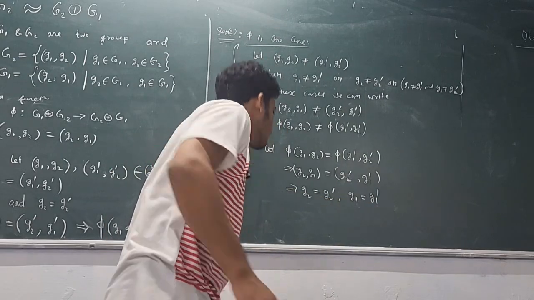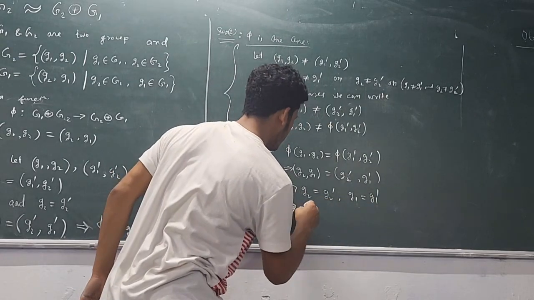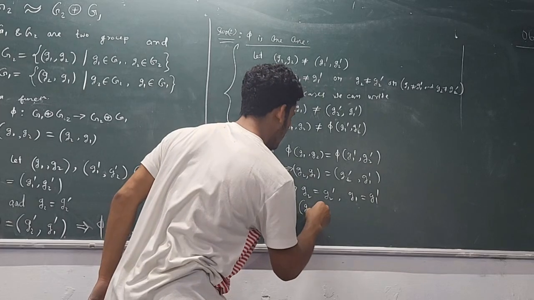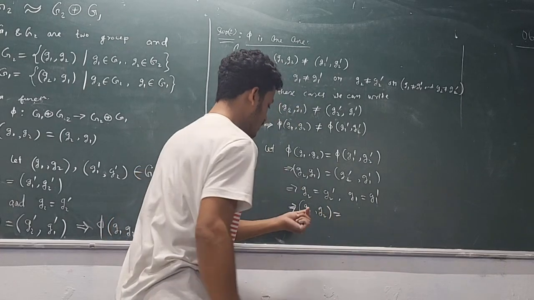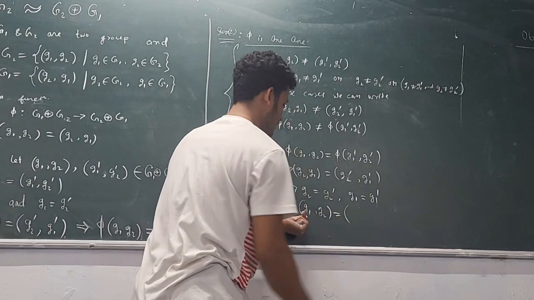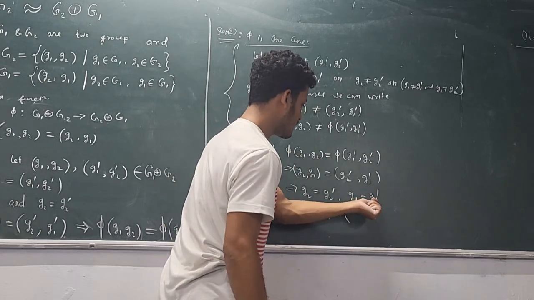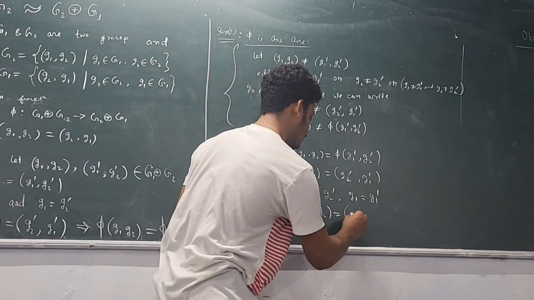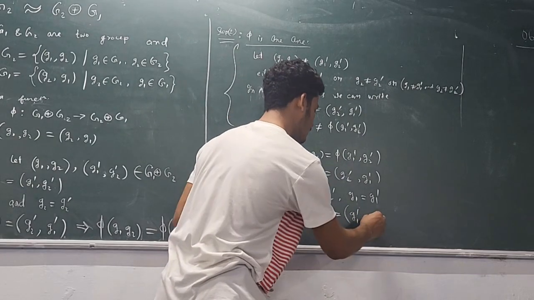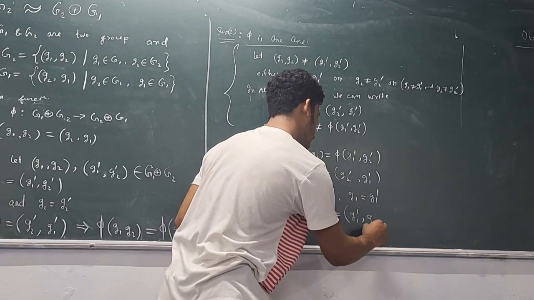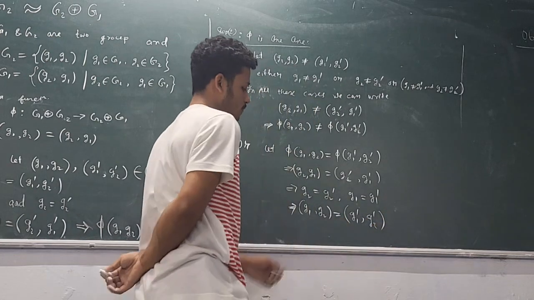Now we can write this will imply G1 comma G2 is equal. In place of G1 you can write G1 dash, and in place of G2 you write G2 dash.